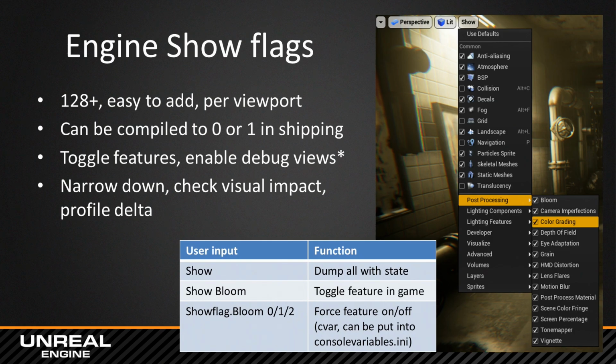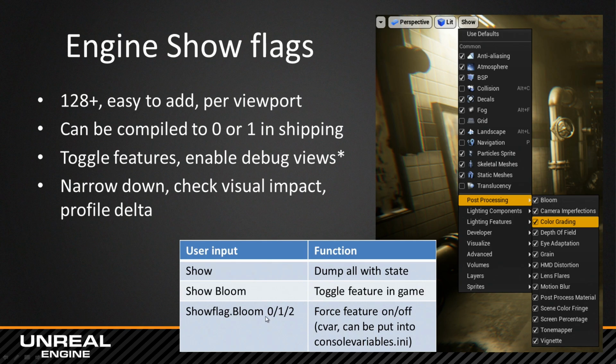These are console commands, but if you want to, you can actually override the whole engine setting so that every viewport is enforced to be on or off, and that is done through the showFlag.bloom console variable.